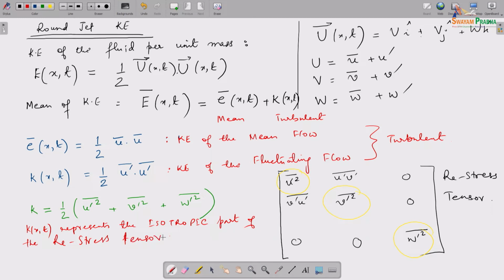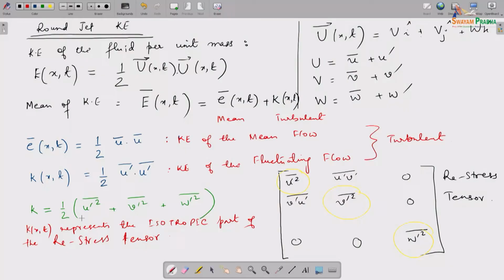Okay, and if I write it this way, what would you make of it? Now K represents a part of the Reynolds stress tensor. How much is each of these? What is the value of each of these terms in each x direction?